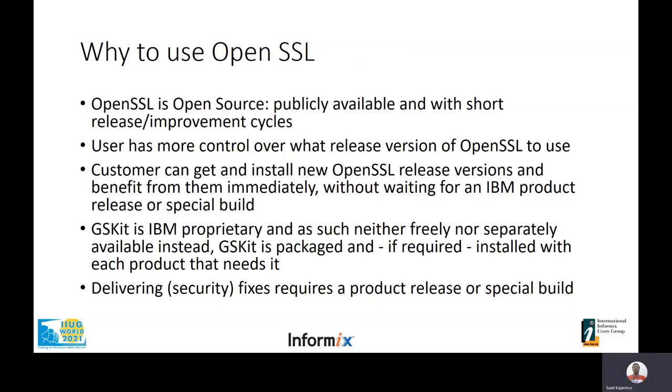GSKit is IBM proprietary and as such, neither freely nor separately available. Instead, GSKit is packaged and if required installed with each product that needs it, like CSDK or IDS. Delivering security fixes requires a product release or a special build.